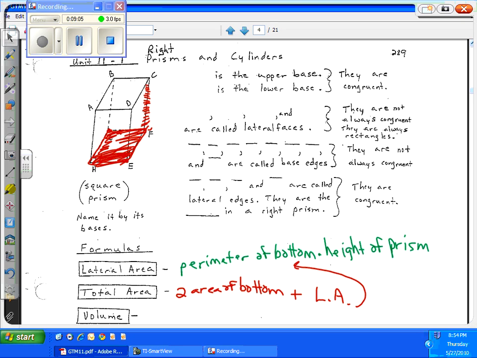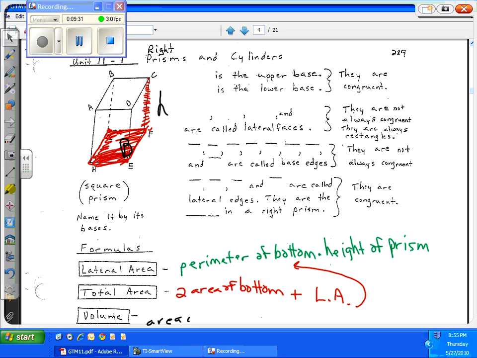You'd put one here, here, here, and you would stack those until you got all the way to the top, and you'd fill that up. So the formula for the volume of a prism is the area of the bottom times the height, or big BH, as it says in some formulas charts.